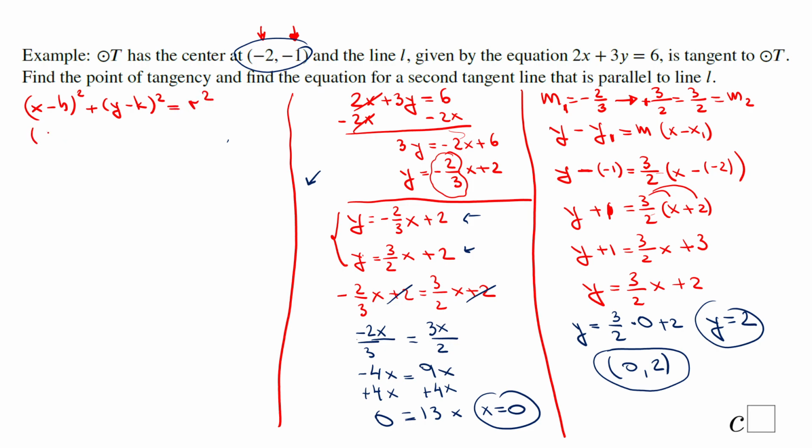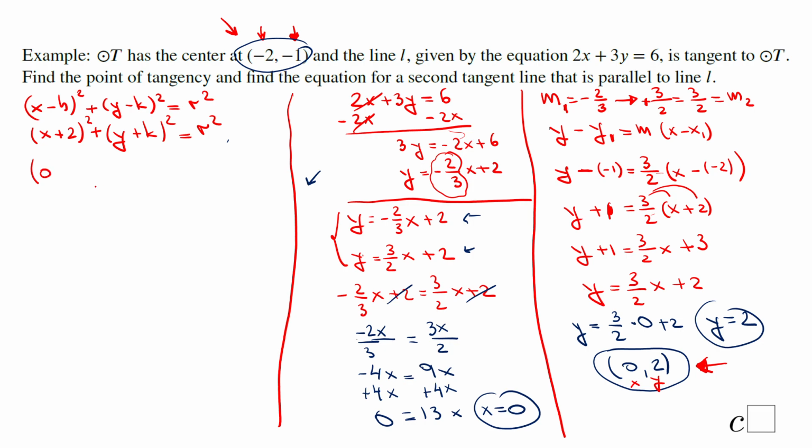We have x plus 2, right, going back here, squared, plus (y plus k) squared equals radius squared. We don't know the radius. We can do the graphical approach, but I want to show you a different way. This is the point of tangency. This is the x, this is the y. You can plug it here and get the radius. What do I mean? Let's take a look.